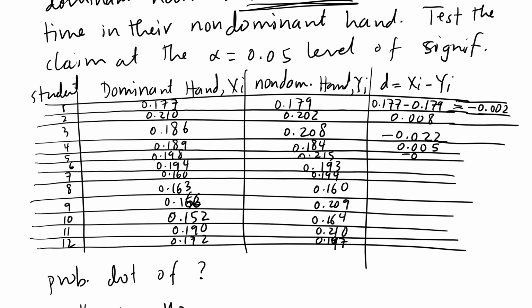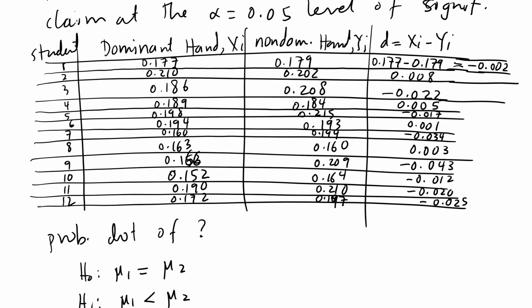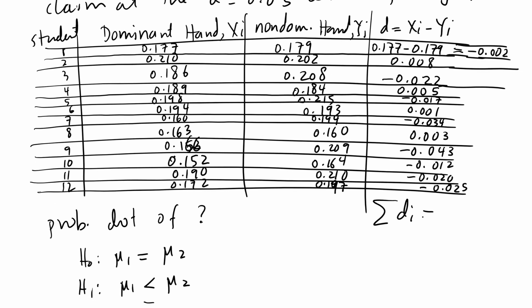Next one is negative 0.017, 0.001, negative 0.034, 0.003, negative 0.043, negative 0.012, negative 0.020, and the last one negative 0.025. We do need to sum all these di's, and we got negative 0.158 if you add all these numbers up.